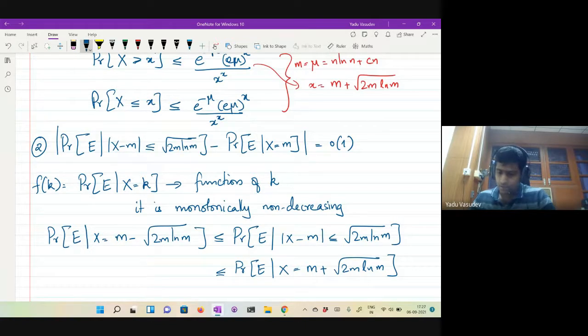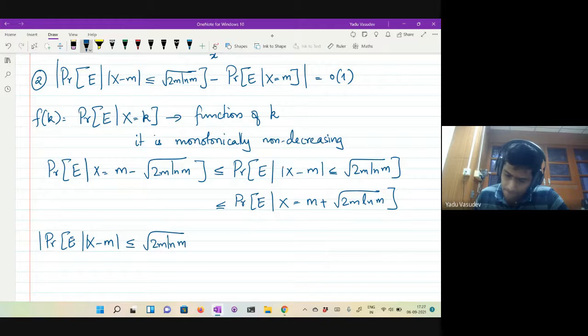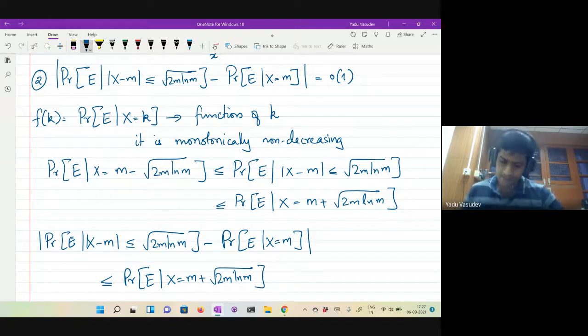Okay. So now let's bound this quantity, which is the probability of E given x is equal to m plus square root 2m ln m, minus the probability of E given x is equal to m minus square root 2m ln m. Let's bound this in the following way. Let's replace this by an upper bound.